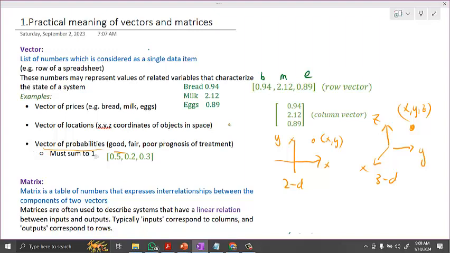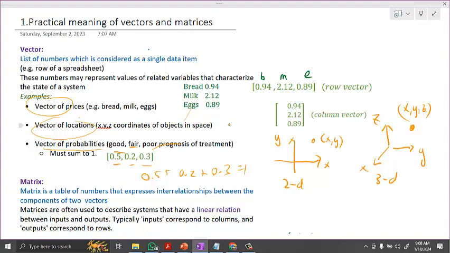So we have different possible outcomes for this cancer patient, good, fair, and poor, and we can assign probabilities to these different outcomes. If you notice, 0.5 plus 0.2 plus 0.3 is equal to 1. When you have probabilities, they always have to add to 1. So all these probabilities together describe the condition of the patient. In all these cases, a vector determines a single data item.